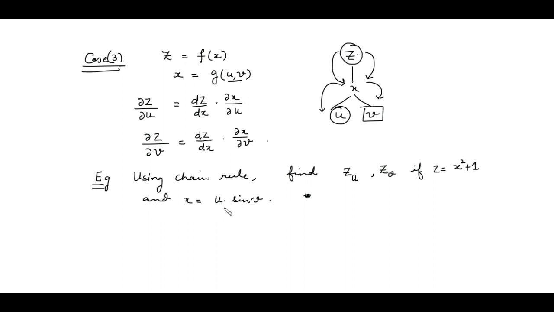So find out the partial derivative of z with respect to u as well as partial derivative of z with respect to v using chain rule.